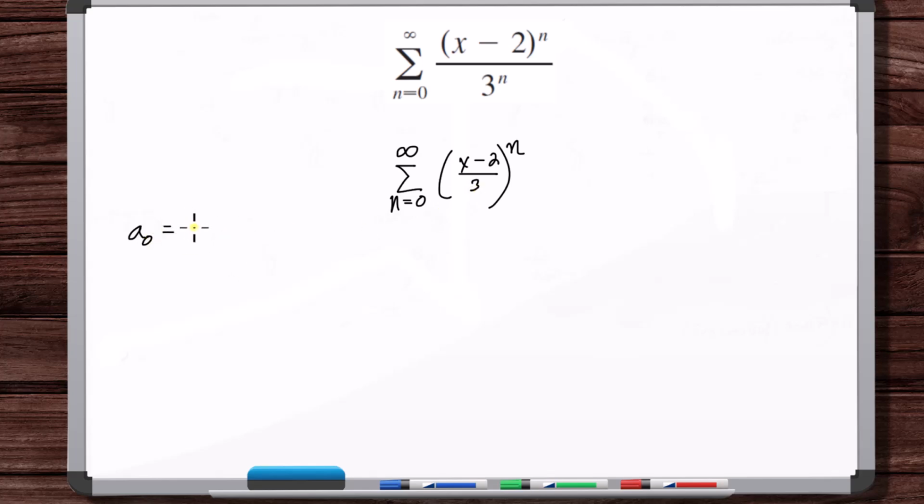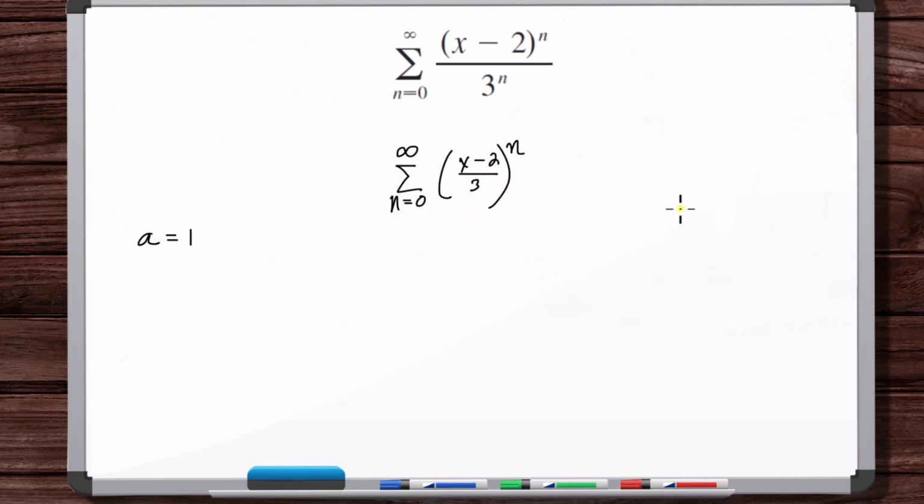And so A0 is 1, so that's the first term. It's kind of confusing. This formula here for the infinite sum, I guess that's why they don't put a subscript. This is the first term. It doesn't mean n is equal to 1. It's whatever the first term of the series is. And so in this case, the first term is when n is equal to 0, and this is 1. It doesn't matter what's in here, it's to the 0th power.